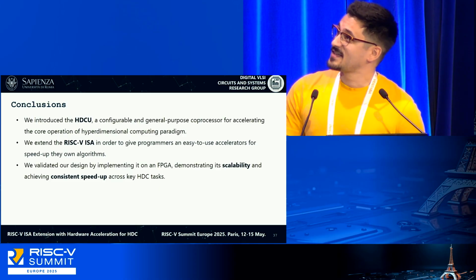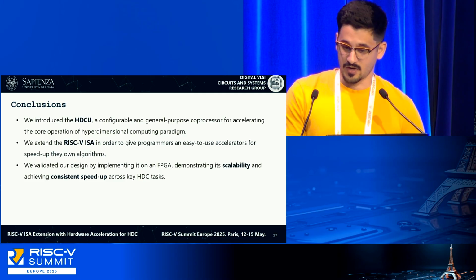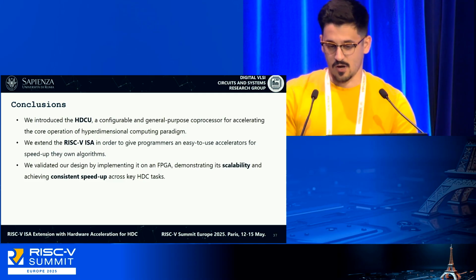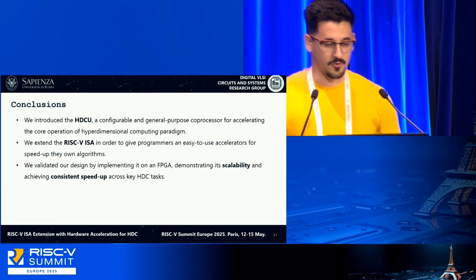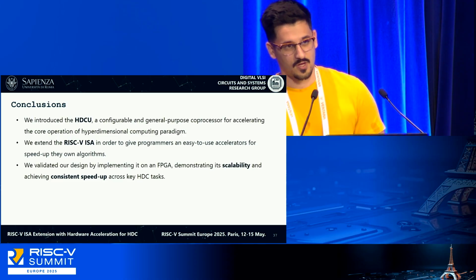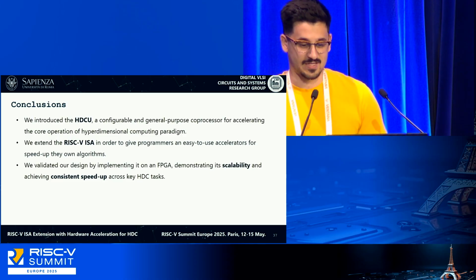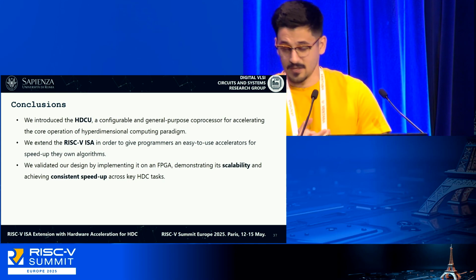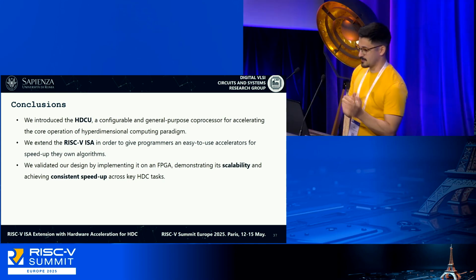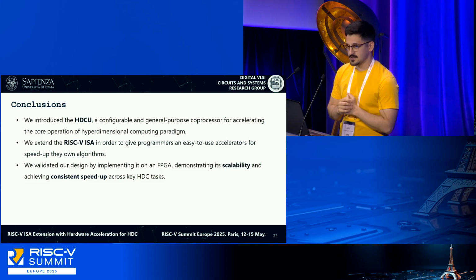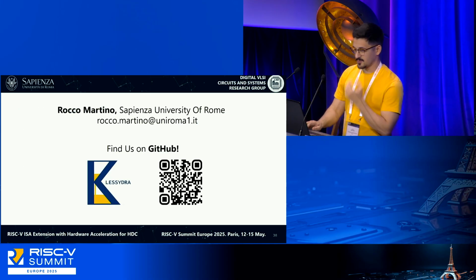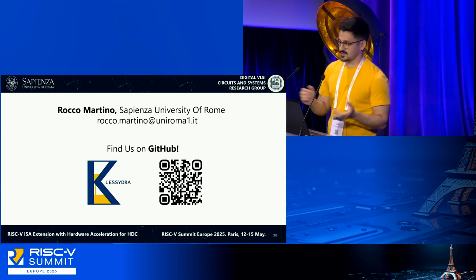We then validated our design on an FPGA, and the results show not only significant speedup across all HDC operations, but also excellent scalability thanks to the configurability of both memory and parallelism. Thank you for the attention, and feel free to ask a question.